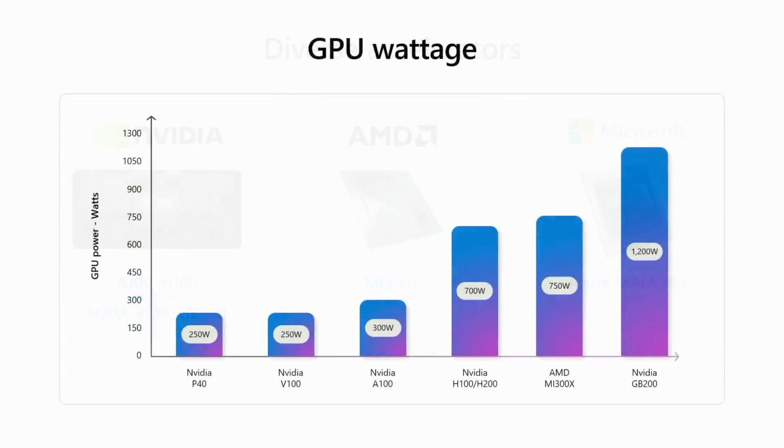If you take a look now at another dimension of GPU evolution, number of watts per GPU, you can see that this is also growing exponentially because of those other factors. The latest NVIDIA GB200, with all its high bandwidth memory and all its transistors, it's over 200 billion on a wafer, is 1.2 kilowatts just for one GPU.